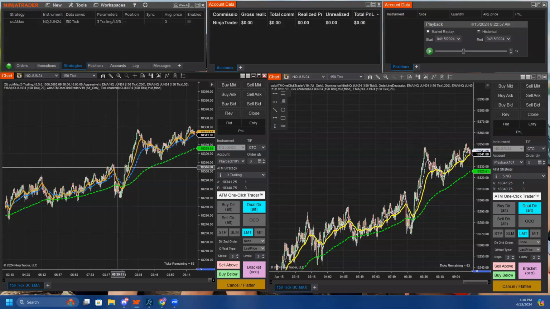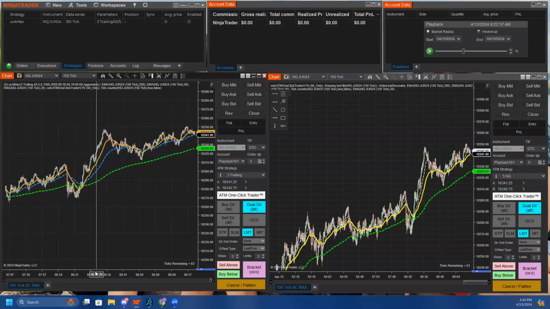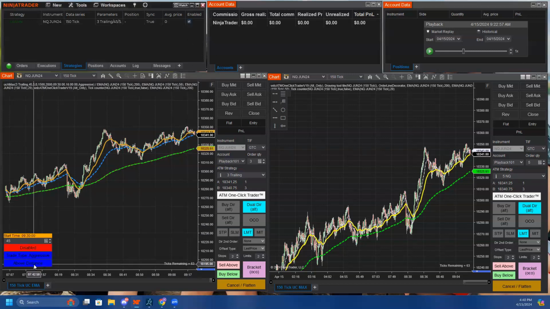But since you met your hard target, it will get you in again at a higher price. And from that higher price, it might not have that much room to give you what you want out of it. So why don't you just let the trade work and immediately move the stop loss up to break even once it moves in your favor, and give every trade a chance, right? So that's the ATM template.